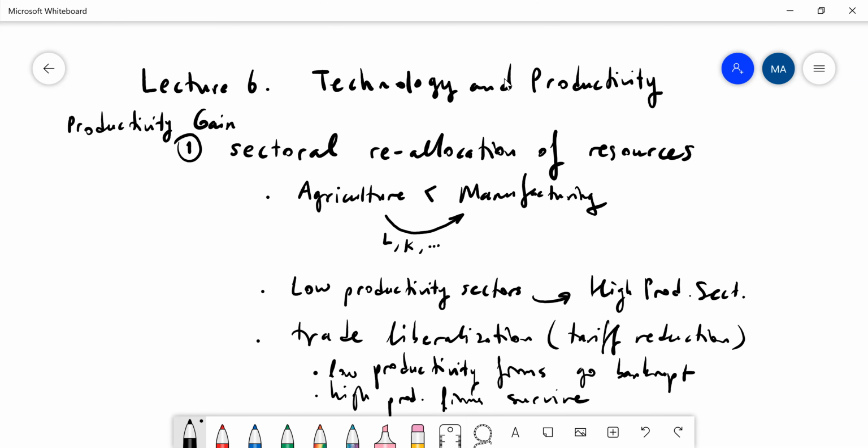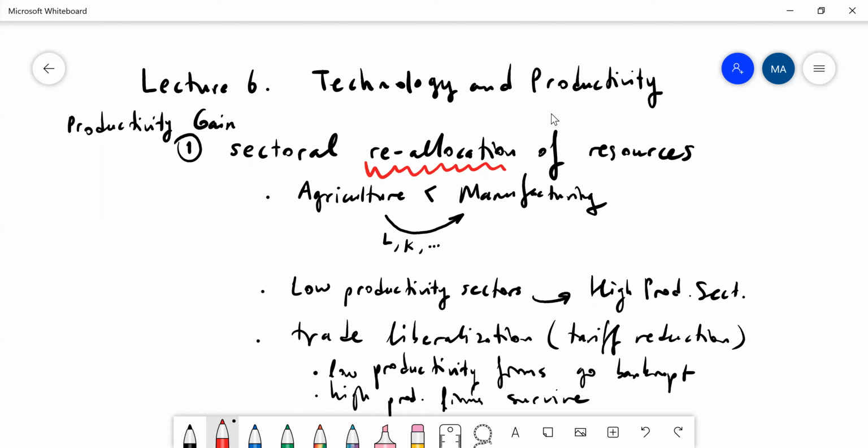So this means their resources are transferred. The low productivity firms are no longer operating. So there could be then a productivity gain associated with this reallocation.